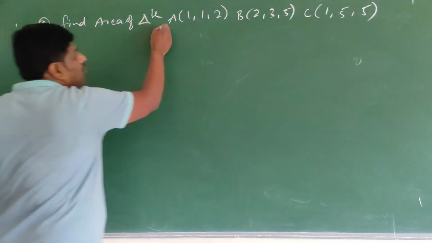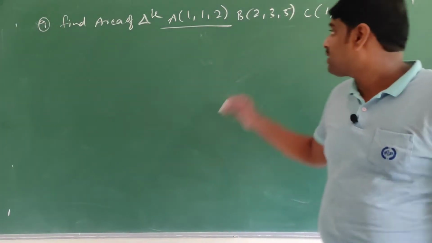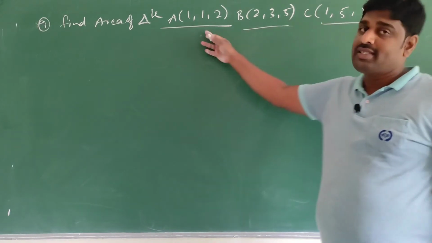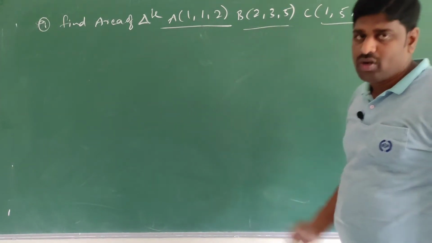These are the position vectors of points A, B, C: OA bar, OB bar, OC bar.